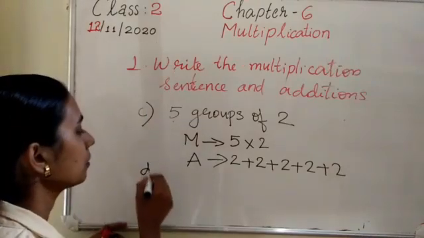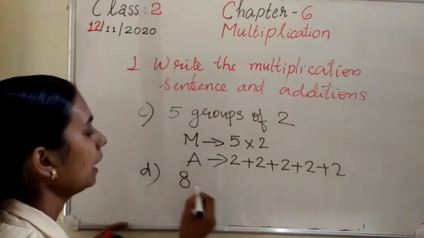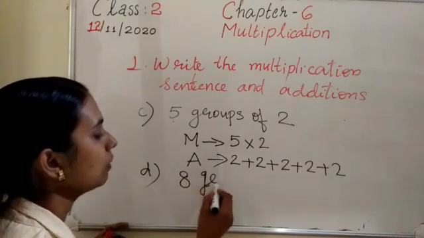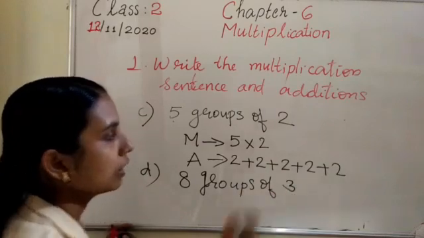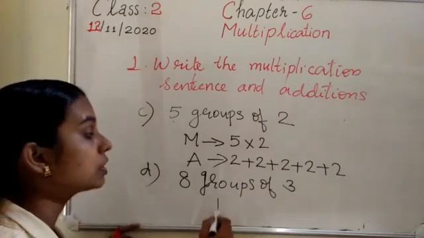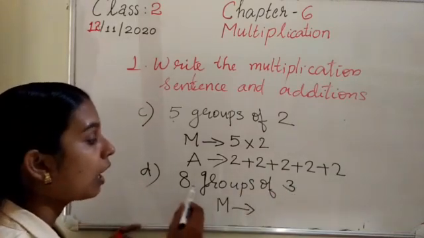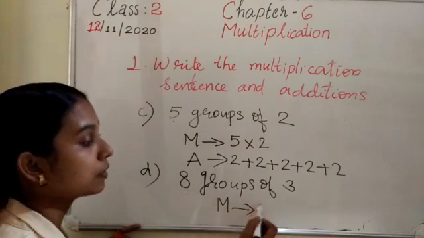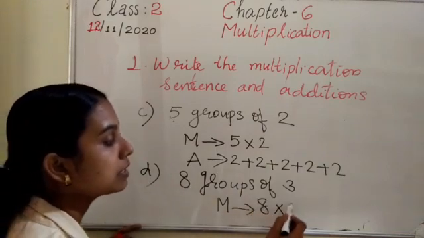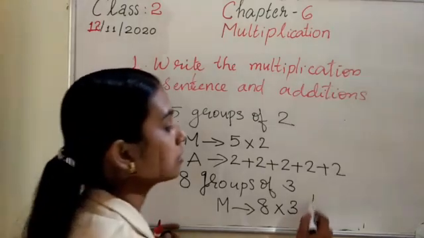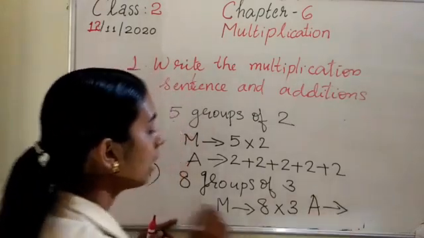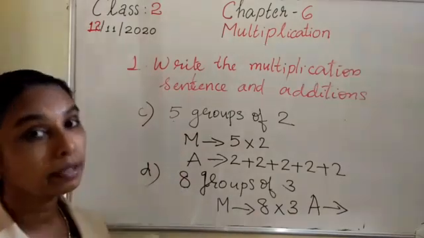Then one more question. 8 groups of 3. How do you write the multiplication sentence? How many groups? 8 groups of 3. So we write 8 into 3. Then how do you write the addition sentence? How many times 3? 8 times 3.